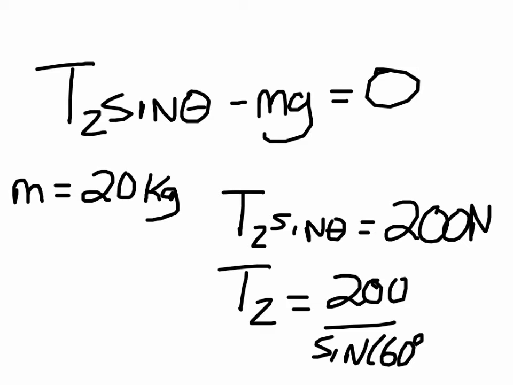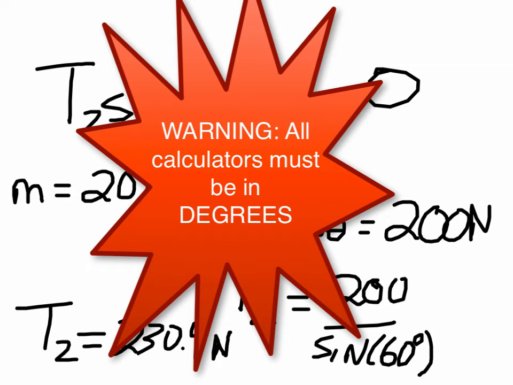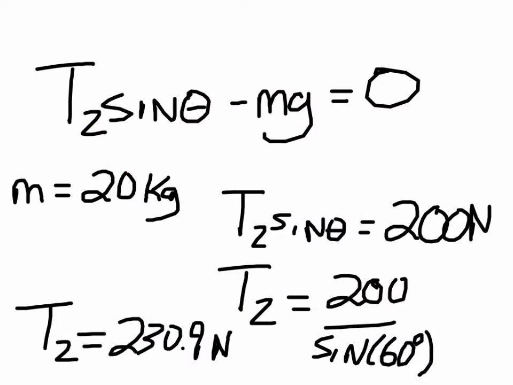So punching that in your calculator, you will get T2 equal to 230.9 newtons. And remember, we are in physics class, so make sure your calculators are in degrees when you're doing your trig. Not radians, we're not there yet.